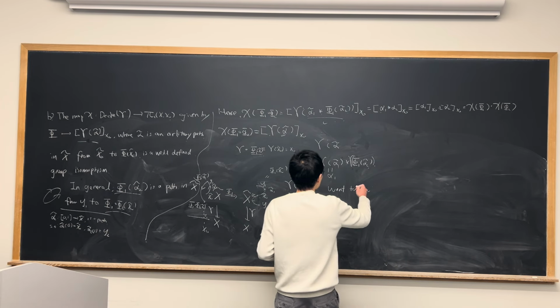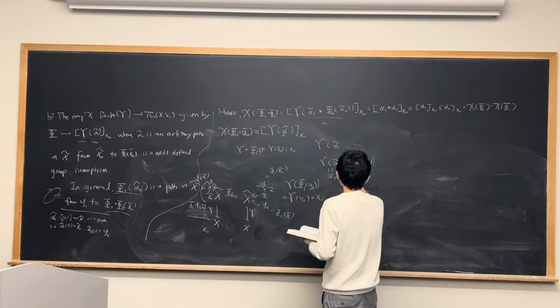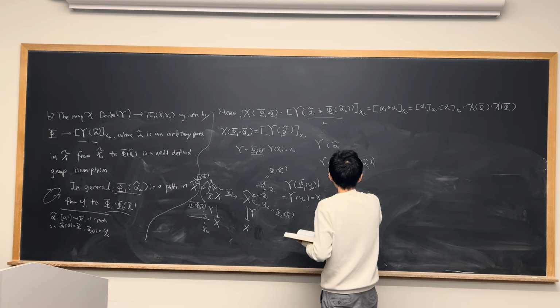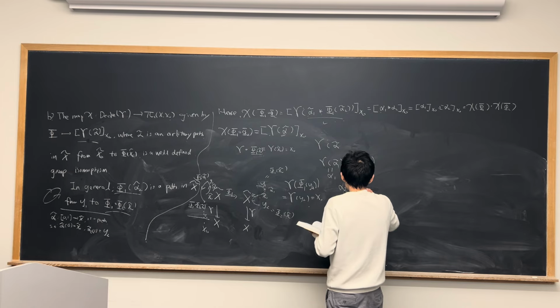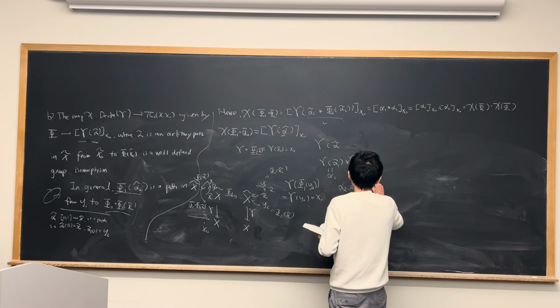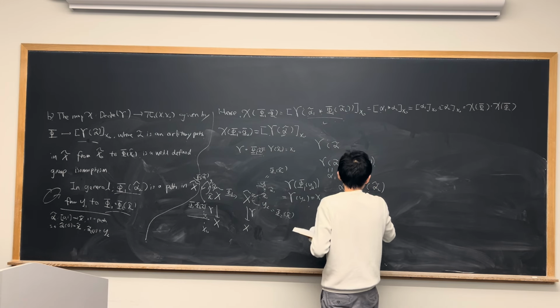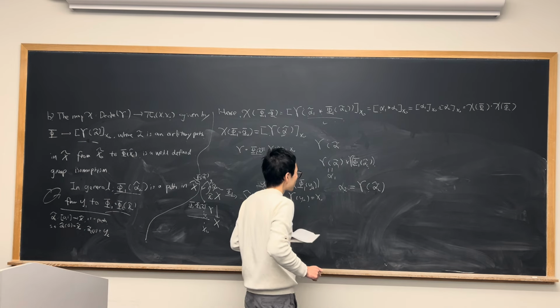Okay, so we know that this alpha two is being defined as this gamma of this alpha two tilde, right?